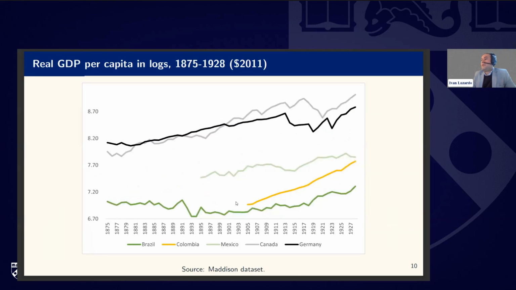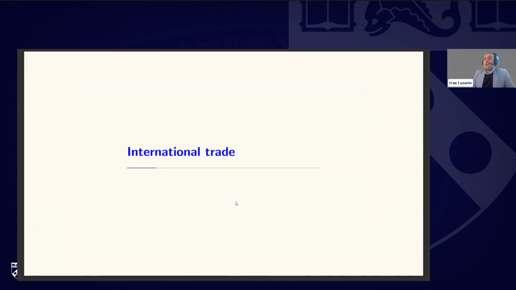Okay, so now let's explore the different mechanisms through which the global economy could have an impact on the national economies in Latin America. The first potential channel is, of course, international trade.